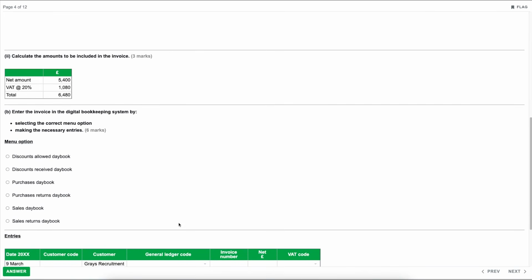So part B then says enter the invoice in the digital bookkeeping system by selecting the correct menu option and making the necessary entries. So for the menu options, we've been given the following: discounts allowed, discounts received, purchases daybook, purchase returns daybook, sales daybook, and sales returns daybook. So this is a sale that we're making.